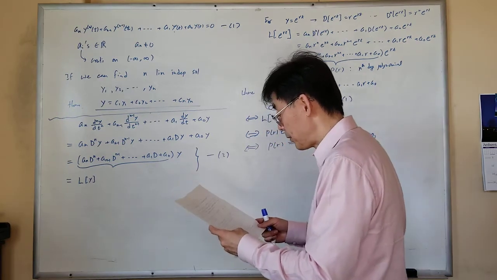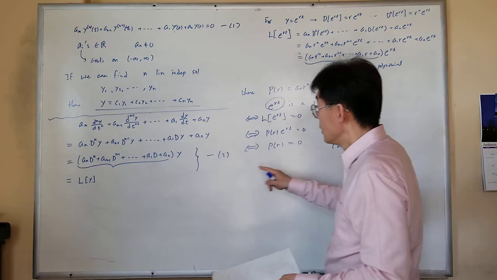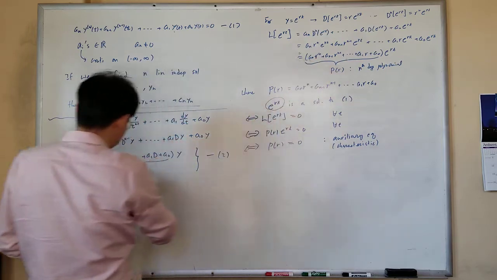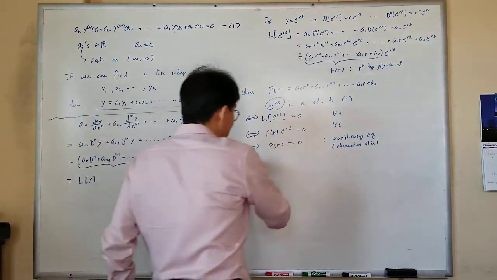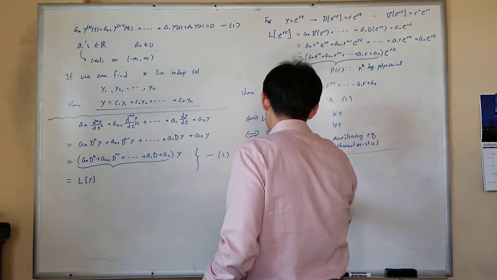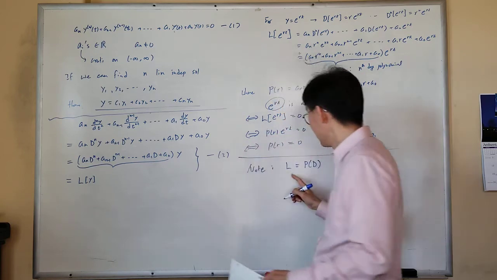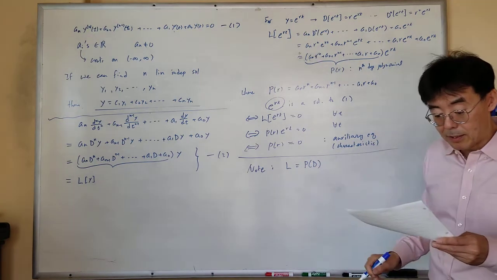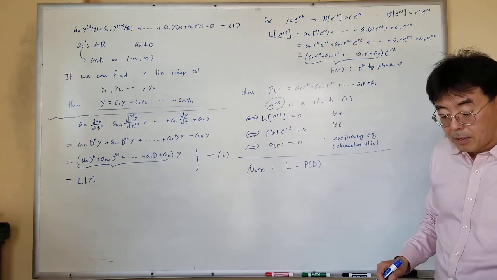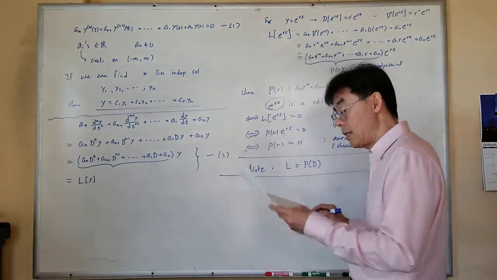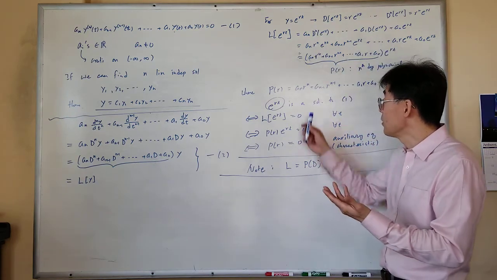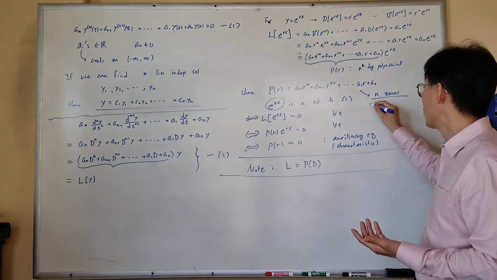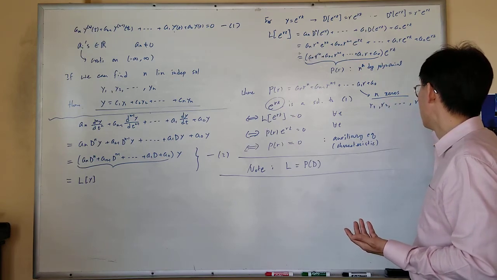By the way, this looks exactly like p of r, except that r is replaced with D. So note that L can be written as a linear combination of various orders of D, so you just write L equals p of D. According to the fundamental theorem of algebra, this polynomial must have n zeros, called r1, r2, all the way to rn.